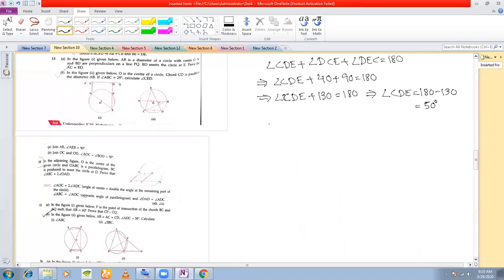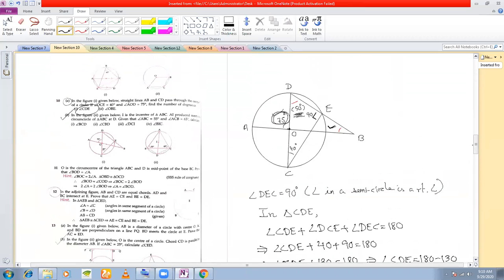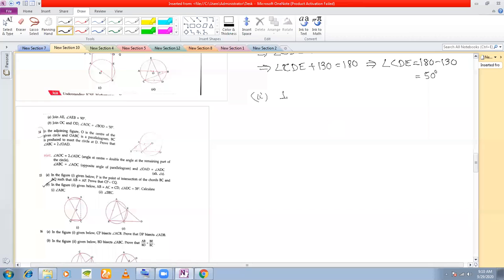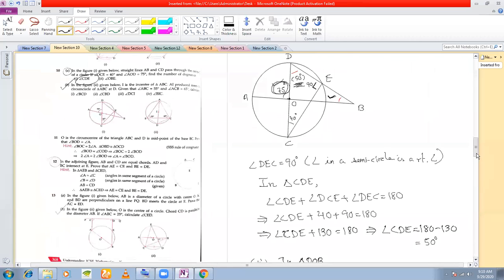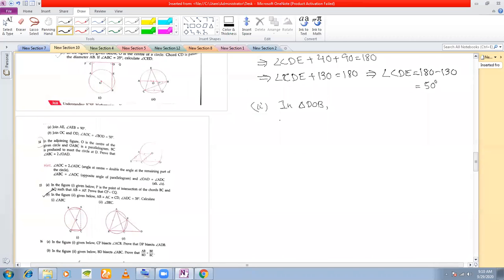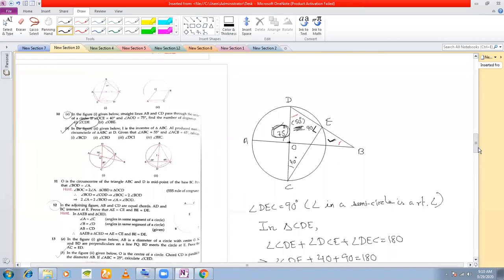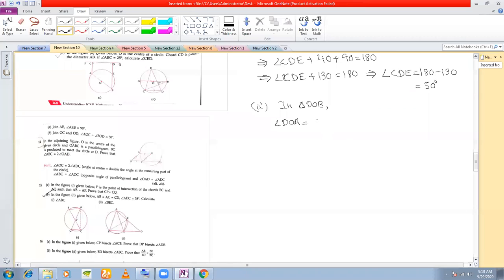So we are going to write here that in triangle DOB, angle DOA is equal to angle ODB plus angle OBD.